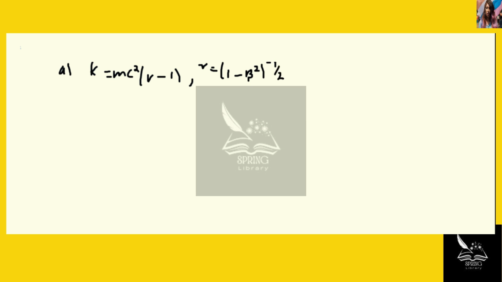We can expand this 1 minus beta square, whole to the power minus 1 over 2, using the binomial theorem.